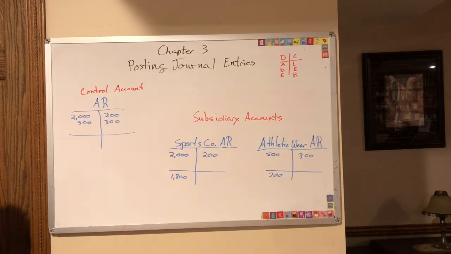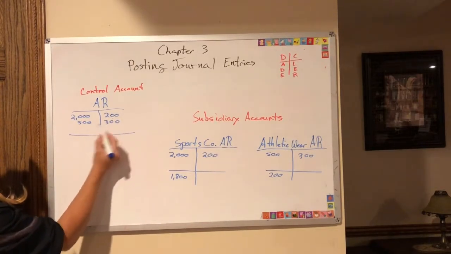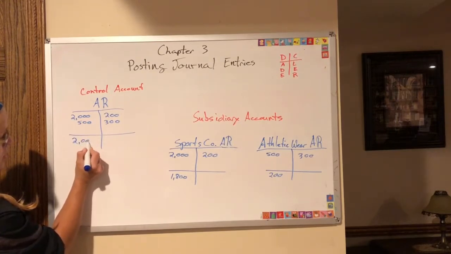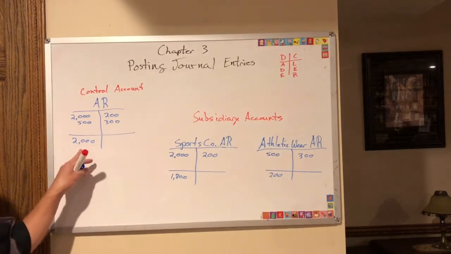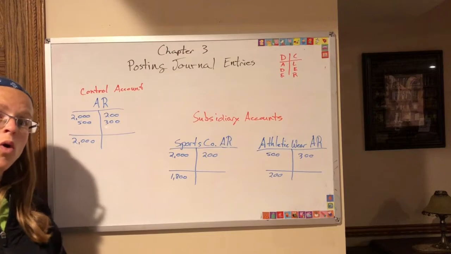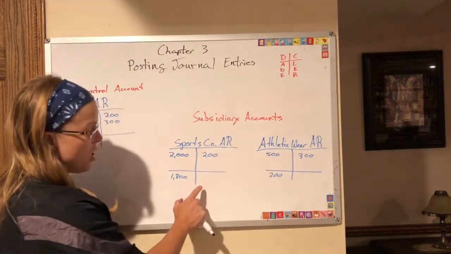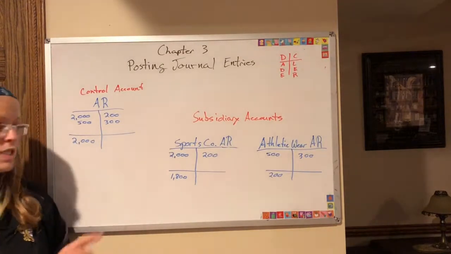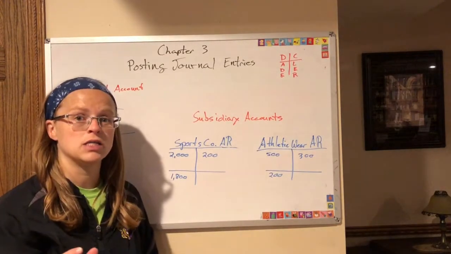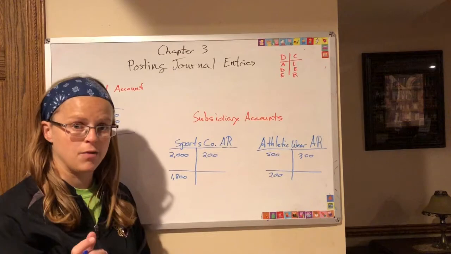So we have $2,000 in accounts receivable. We're still owed that $2,000. So the subsidiary accounts are T accounts for individual companies who owe us on account.